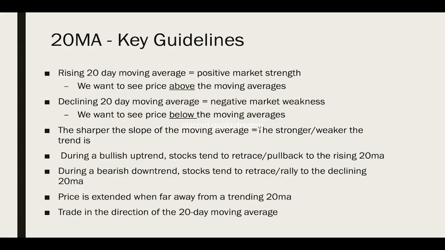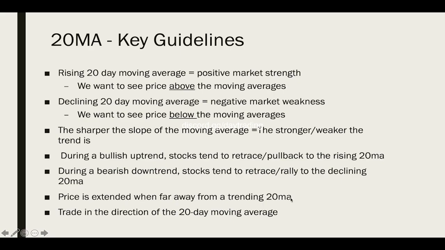During a bearish downtrend, stocks tend to retrace or rally to the declining 20-day moving average. So during downtrends, they retrace to the declining 20-day moving average. Whenever you hear the term extended, when price is extended, that means price is far away from the trending 20-day moving average.